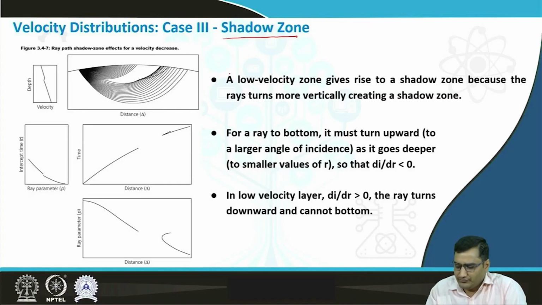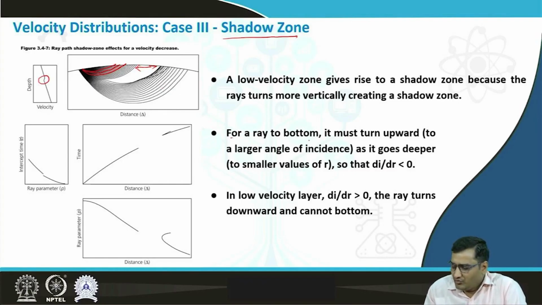Let's suppose rays are going in the normal situation, but suddenly they experience this low velocity layer here. Then the rays will start to turn more vertically, and they will create a shadow zone here. That means in this zone, no rays are being observed.